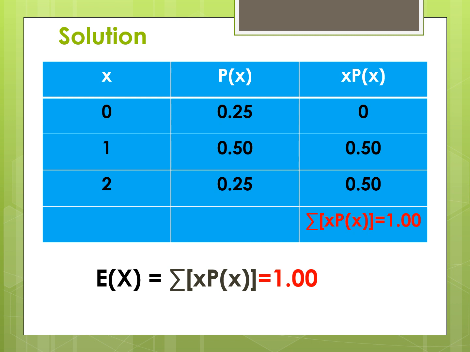So 0 times 0.25, we got 0. 1 times 0.5, we have 0.5. Then 2 times 0.25, we have 0.5. And then add them up, so we have 1. Therefore, the expected value of x or the mean is equal to 1. Is that clear?